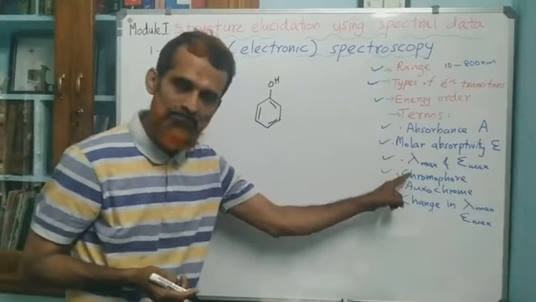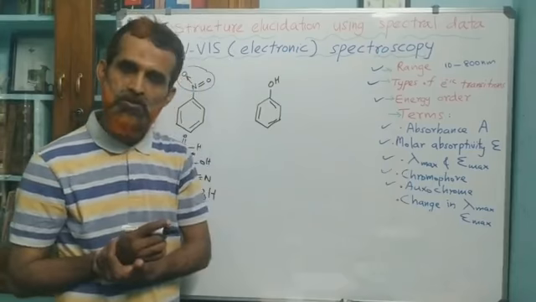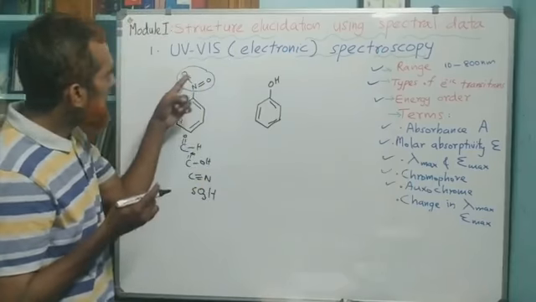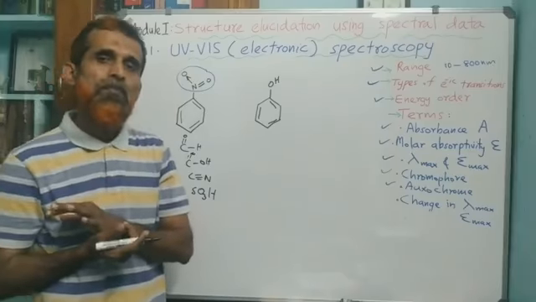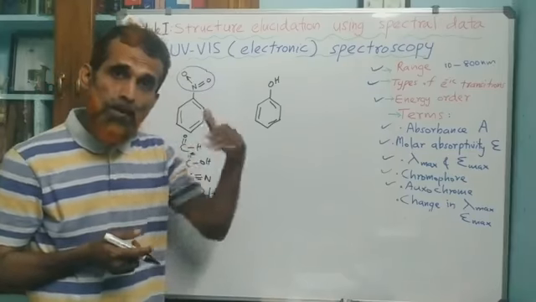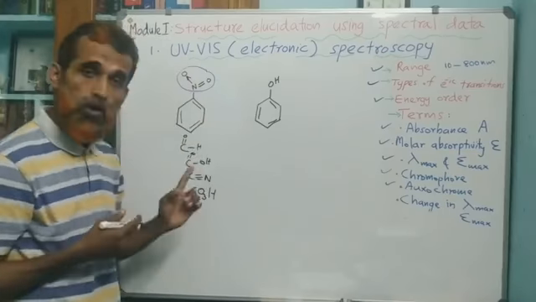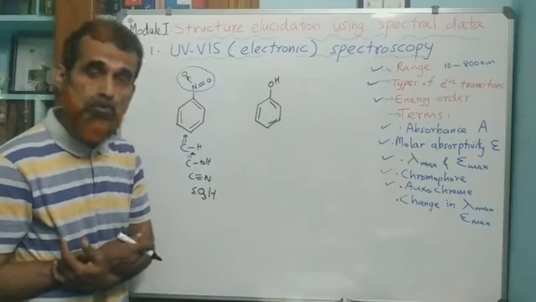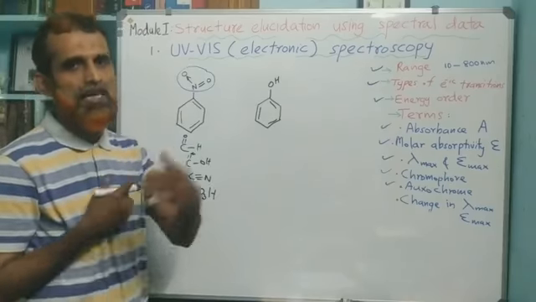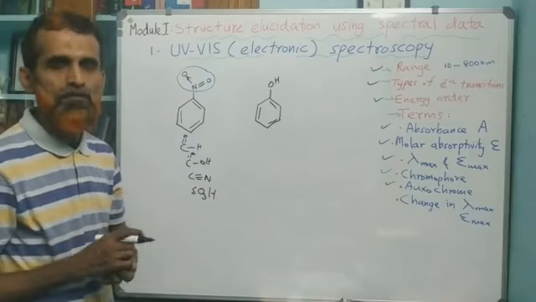Chrom means color. Color producing groups, in the sense they are having absorption well above 200 nanometer. These groups have got characteristic absorption above 200 nanometer, such that it gives some color to the compound.